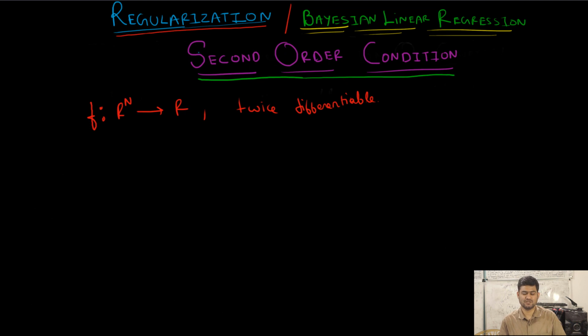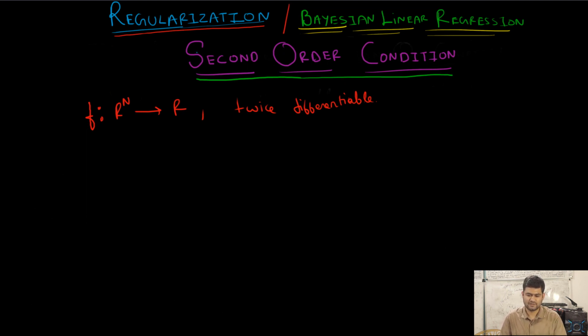So if a function is twice differentiable, which means that the second derivative or the Hessian exists, that is, the domain of f is a convex set. So this is an underlying assumption. The domain of the function has to be a convex set.